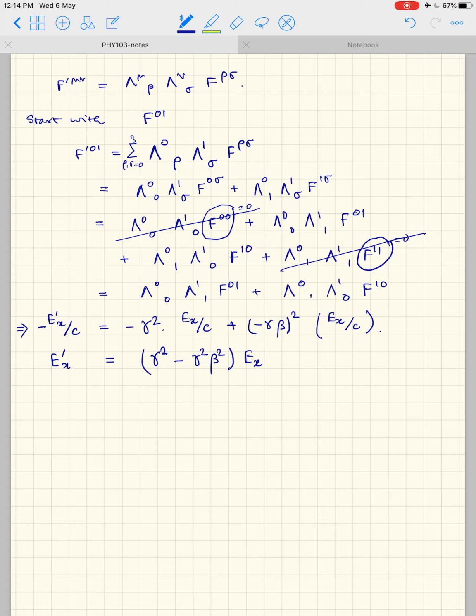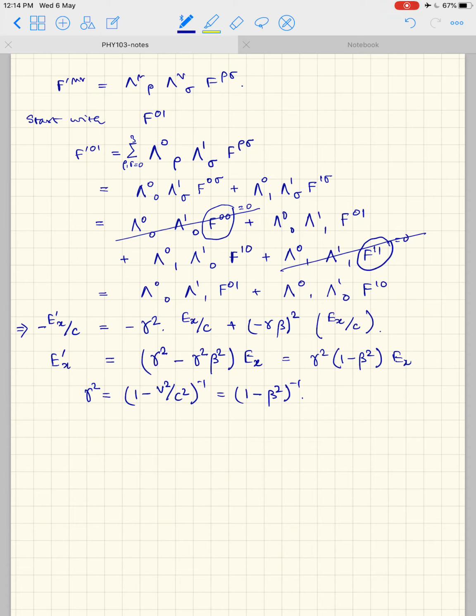Let's make sure we get this right. Now remember that gamma squared is 1 over 1 minus v squared over c squared, so it is 1 minus beta squared inverse.